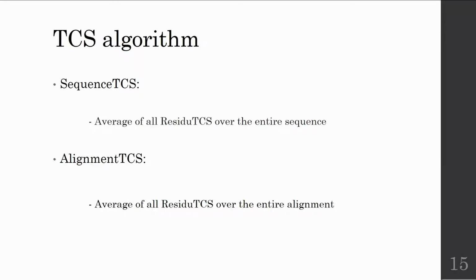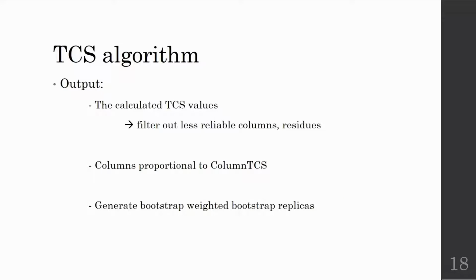Then you have the sequence TCS, which is derived from the residue TCS score, so it is the average of the residue TCS score over the entire sequence. And you have the alignment TCS score, which is the average of all the residue TCS scores over the entire alignment.